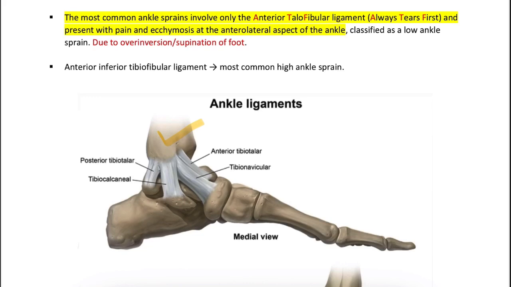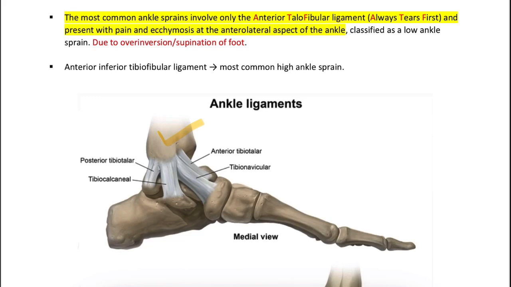The main movements we can see in the ankle joint are dorsiflexion and plantar flexion, and there are ligaments that give support, which come from two groups: lateral ligaments and medial ligaments.